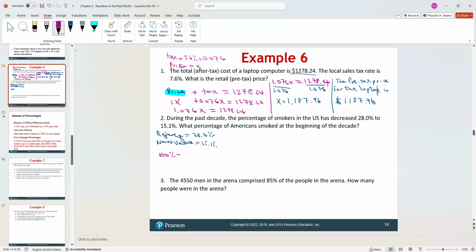That means now it's 100% minus 28%. What percent of Americans smoked at the beginning of the decade? That's what we need to find. What is X? Does that make sense?